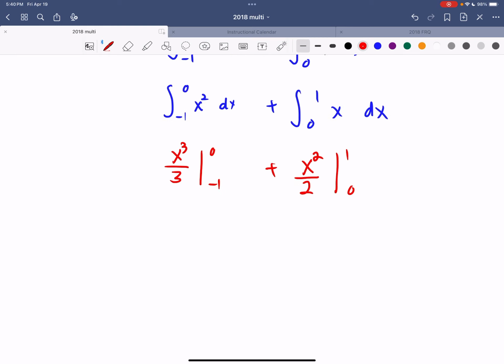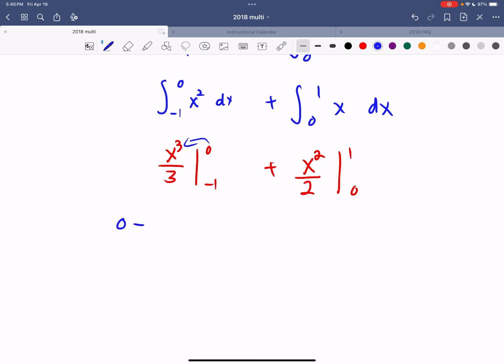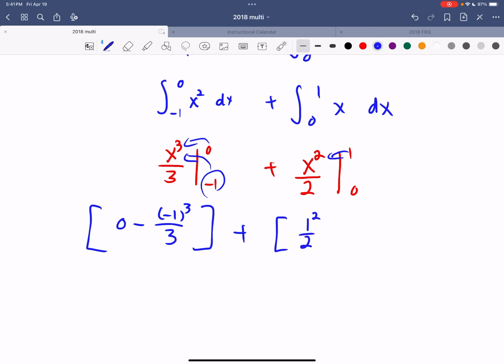When you plug in 0, 0 is a 0, so nobody cares. It's a 0 minus. Now I'm going to plug in -1: (-1) to the third power over 3. Okay, so that's the first one. Plus, I'm going to plug in 1, so it's going to be 1 squared over 2. Minus, if I plug in 0, that's just a 0, so nobody cares.